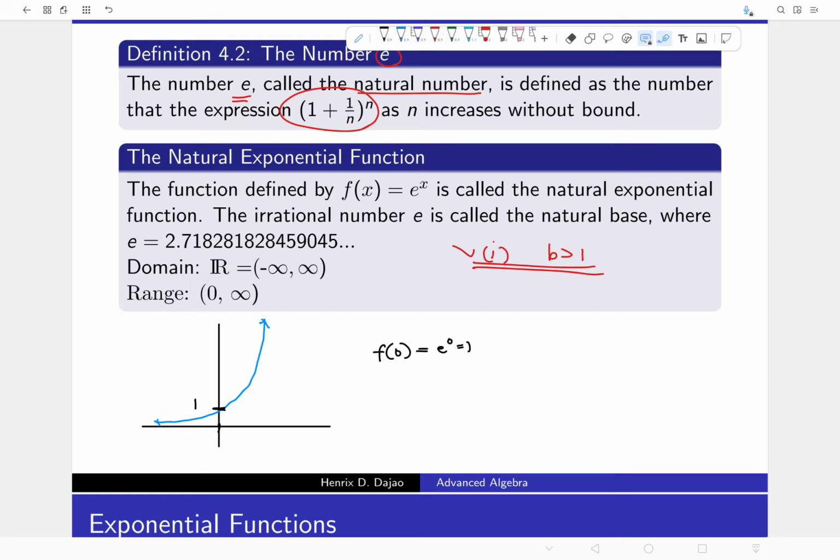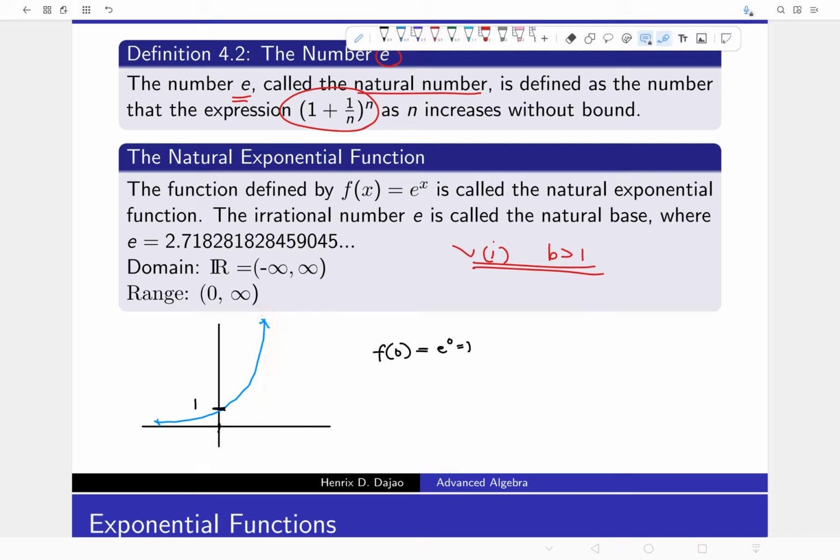It starts from here, not including 0, and goes to infinity. As you can see, the graph starts from, but does not include, here. So it goes up. That's the range, and it does not include 0.